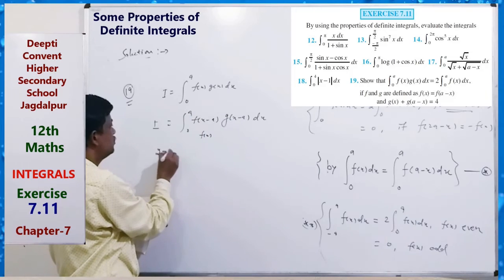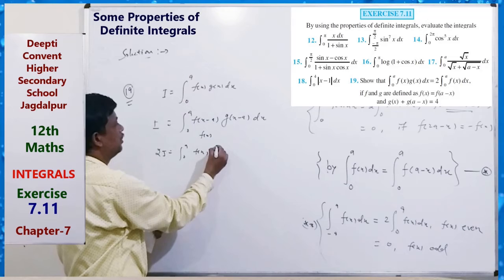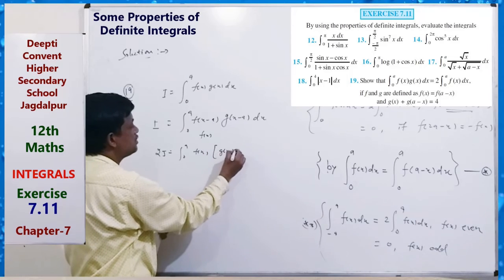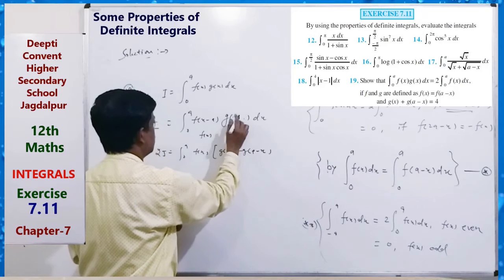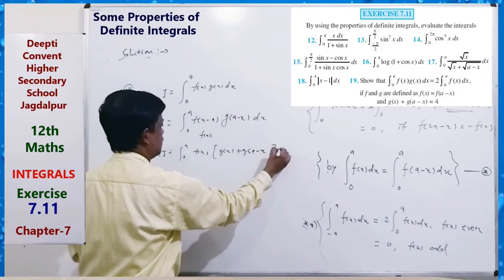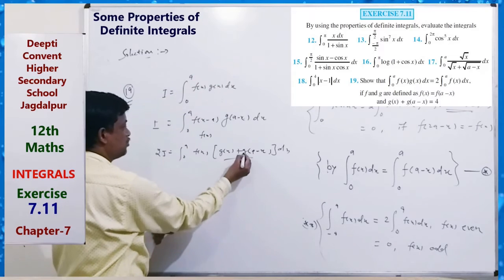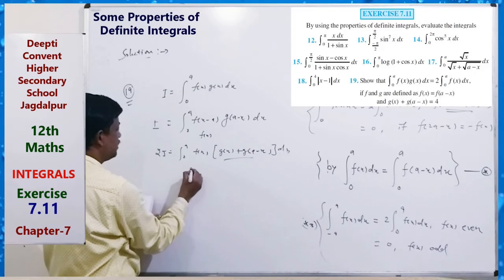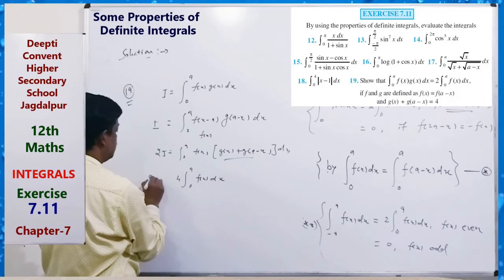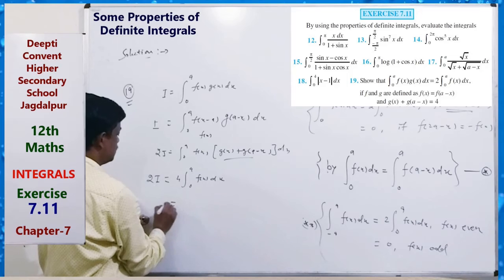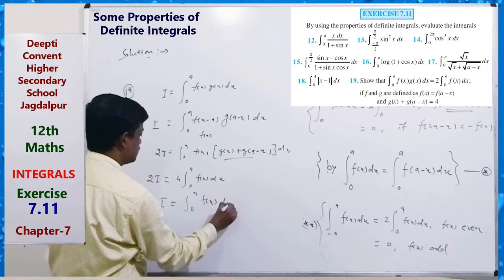So 2I equals the integral from 0 to a of f(x), taken common, times the bracket g(x) plus g(a − x) dx, and this is also given as 4. So we get 4 f(x) dx. 2I equals this, so I equals 2 times the integral from 0 to a of f(x) dx.